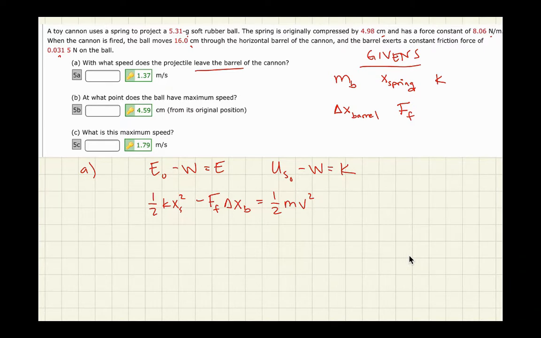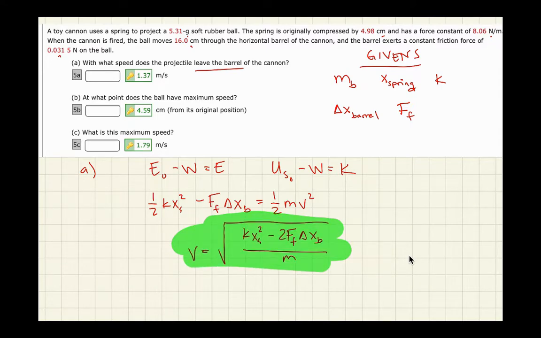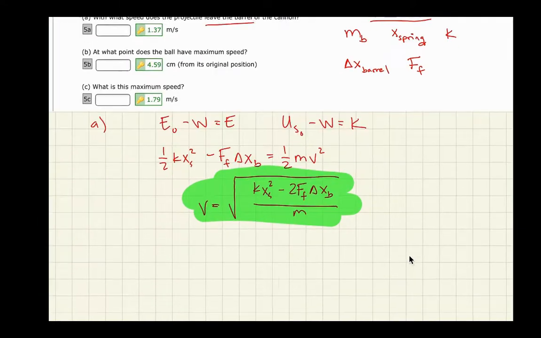I get v equals the square root of kx squared minus 2 times the force of friction times delta x of the barrel, divided by m. So that's my maximum, or my velocity when I leave the barrel.